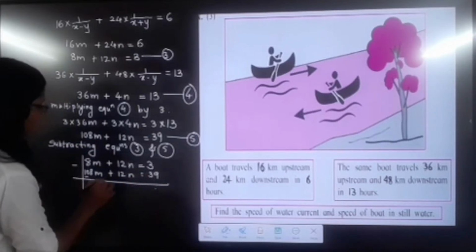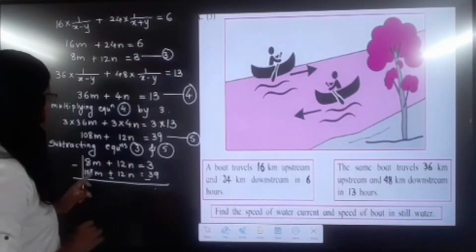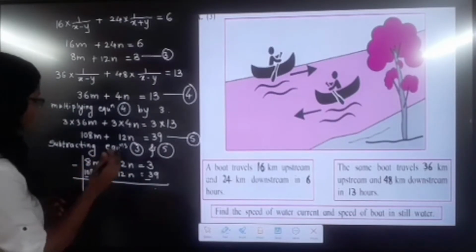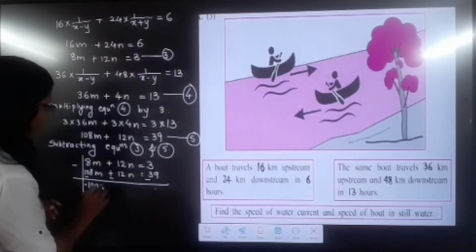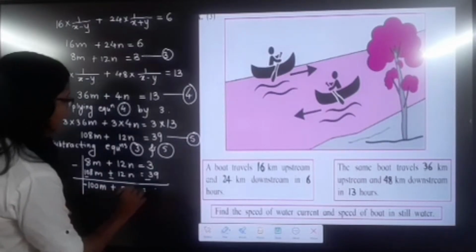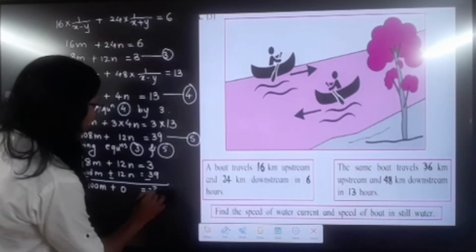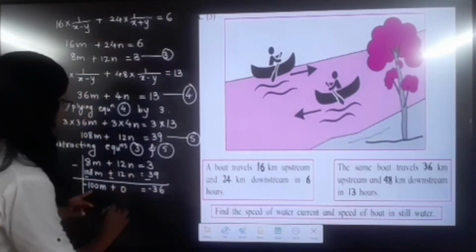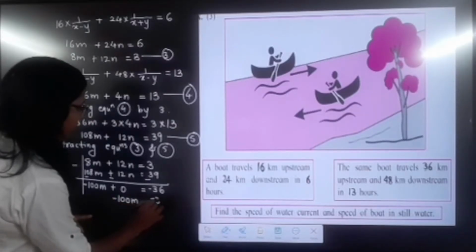So here changing the sign, students, 8m minus 108m, that means minus 100m, plus 0, and it is equal to minus 36. Then minus 100m is equal to minus 36.